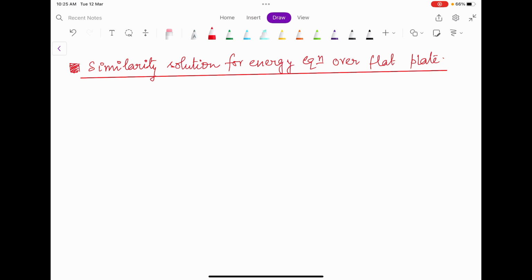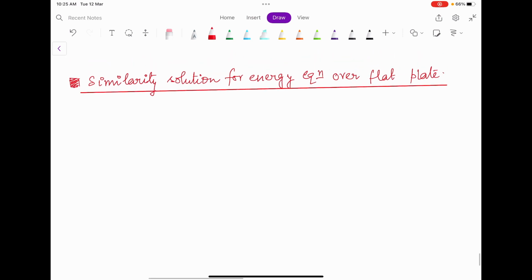Okay, now similarity solution for energy equation. I told you that there are two methods. One method I have shown there, where I did not assume the similarity variable earlier, but I had an intuitive idea. But here I will assume some similarity variable. I am showing you both ways. Both ways are actually the same, they converge to the same thing.